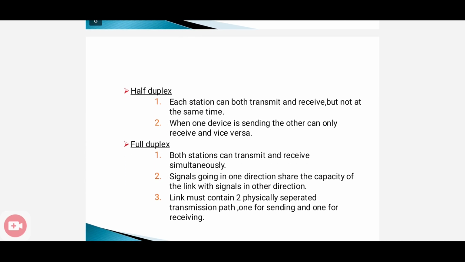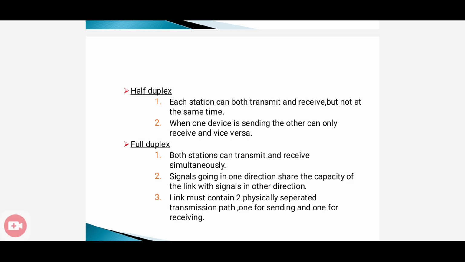And the second one, half duplex. In a communication system, a number of devices are there. Each station can act as a sender as well as a receiver. That means it can both transmit as well as receive messages, but not at the same time. If there are two devices, device 1 and device 2, both these devices can act as a sender as well as a receiver.